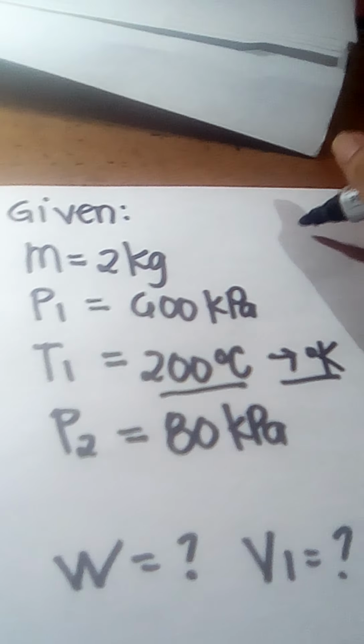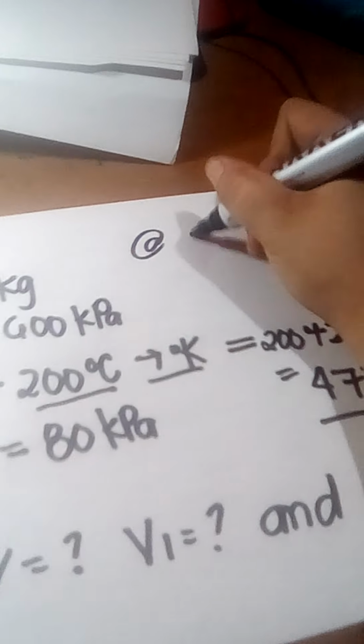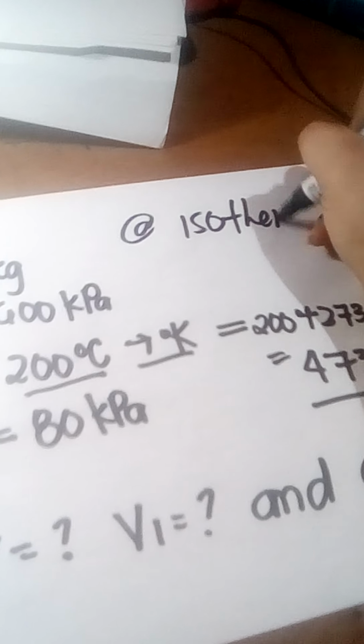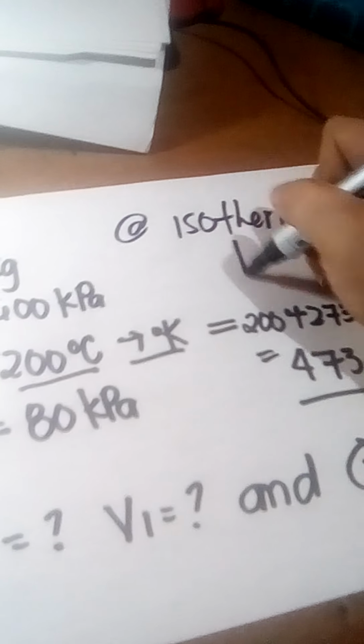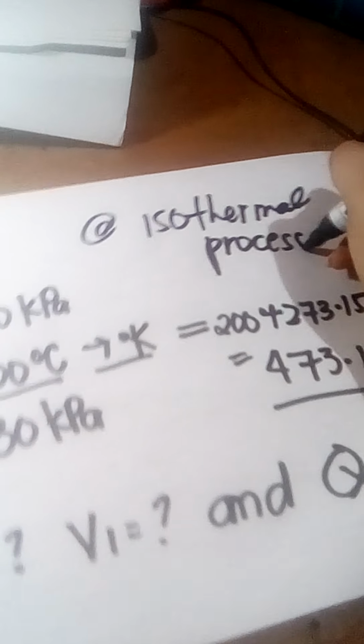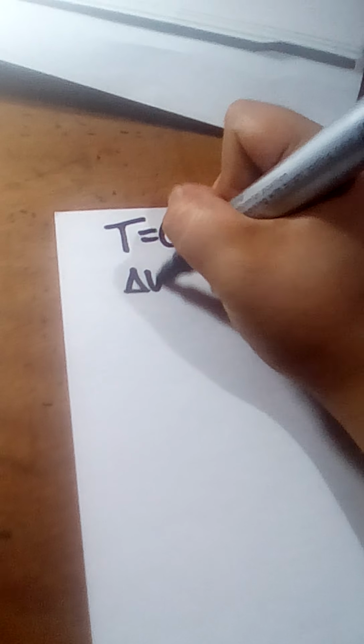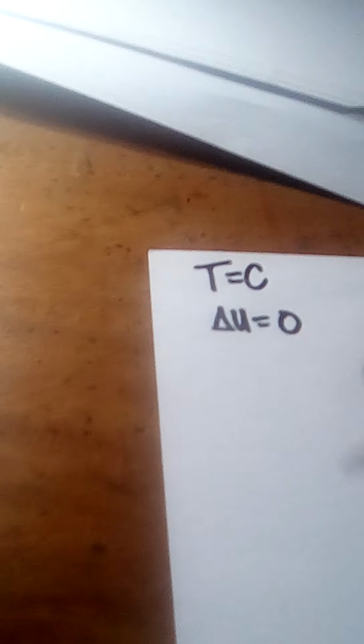Before I forget, this is an isothermal process. And we all know that in an isothermal process, the temperature is constant. Therefore, our change in internal energy would become 0.